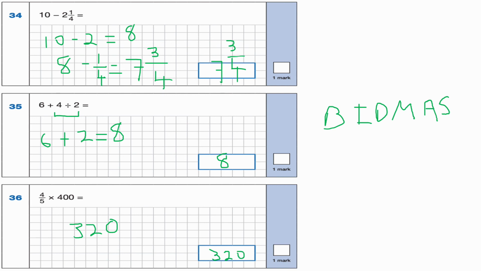Okay, when you have a whole number. Okay, or another way of doing it is writing it over 1 and then just timesing the numerators together, timesing the denominators. Okay, I get 1600 divided by 5, which is 320. Okay, for that.